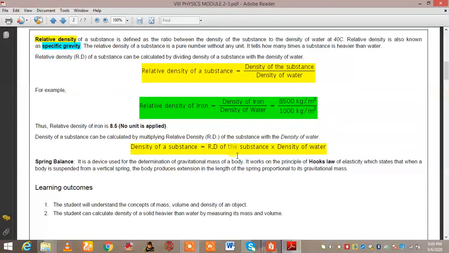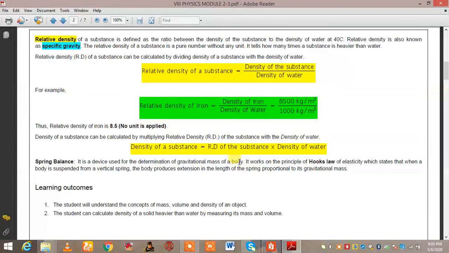Now, next thing is that there is one very important thing which we need to discuss today, that is called the density bottle. Earlier it was also known as the specific gravity bottle. This density bottle usually happens to be of 25 ml or 50 ml.